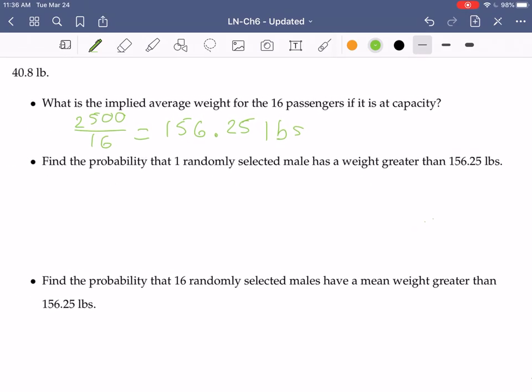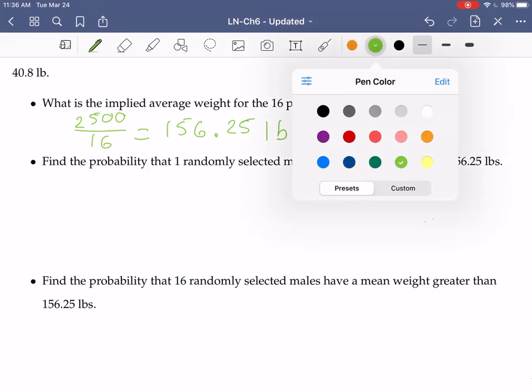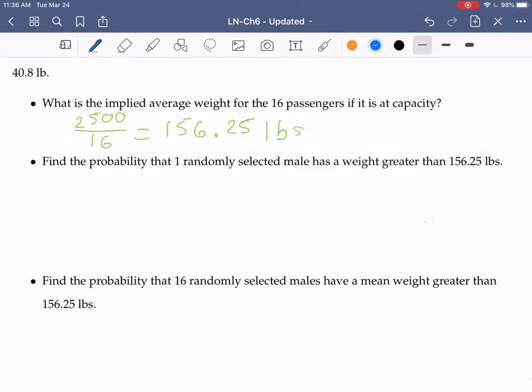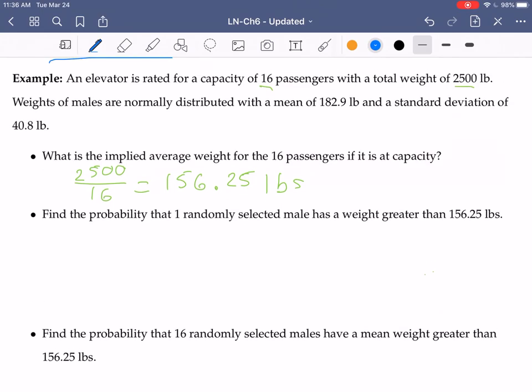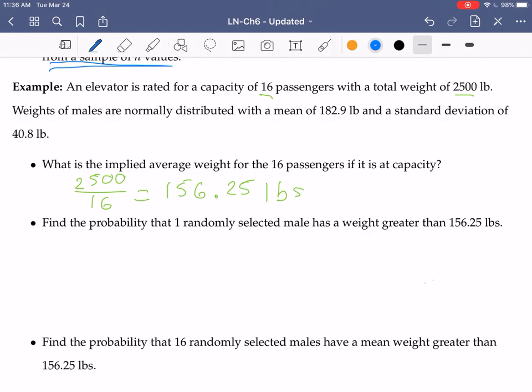The second thing we want to look at is to find the probability that one randomly selected male has a weight that is greater than 156.25 pounds. What do we know about males from above? We know that their weights are normally distributed, with a mean of 182.9 and a standard deviation of 40.8.